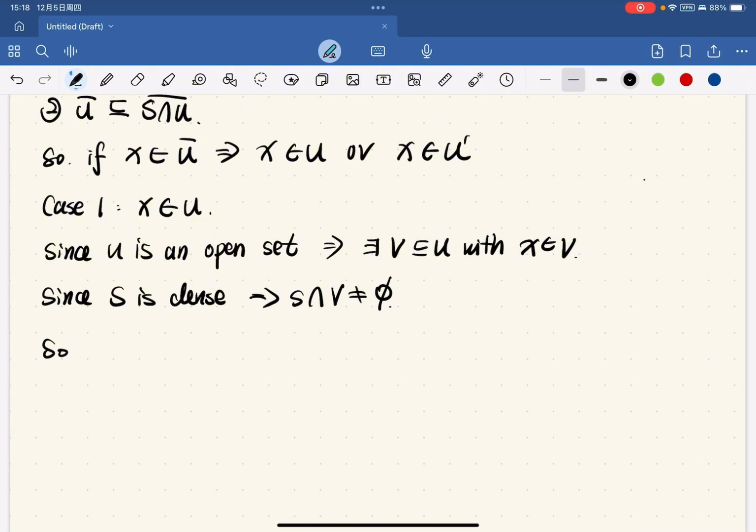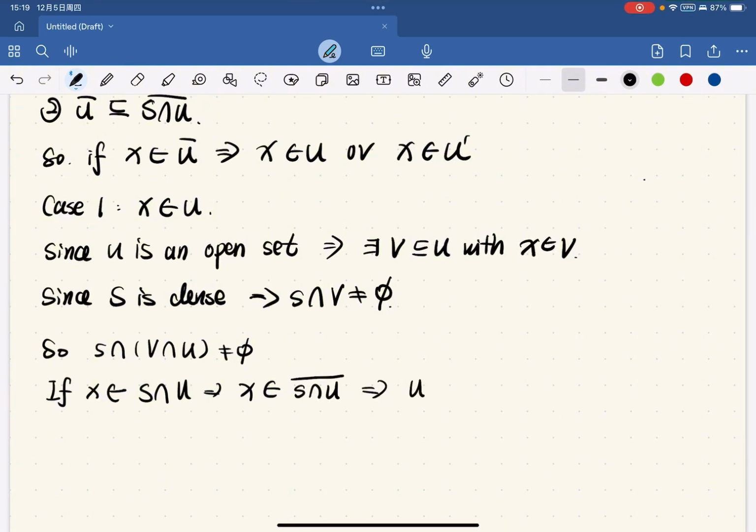So if x is in the intersection of S and U, then x is in the closure of the intersection of S and U.